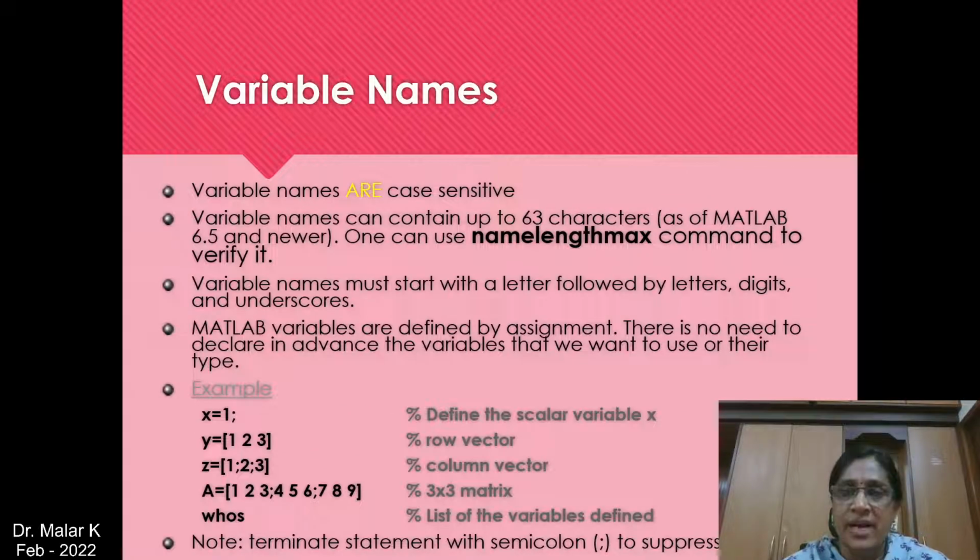Variable names: how to declare variable names in Matlab. Variable names can contain up to 63 characters, as of Matlab 6.5 or newer. The maximum variable length is 63 characters, and one can use the command namelengthmax to find the maximum length.